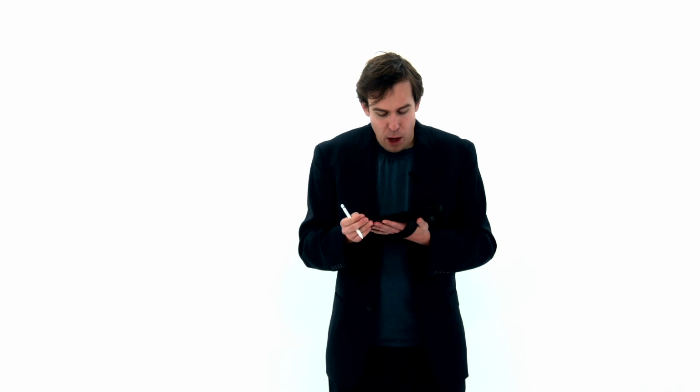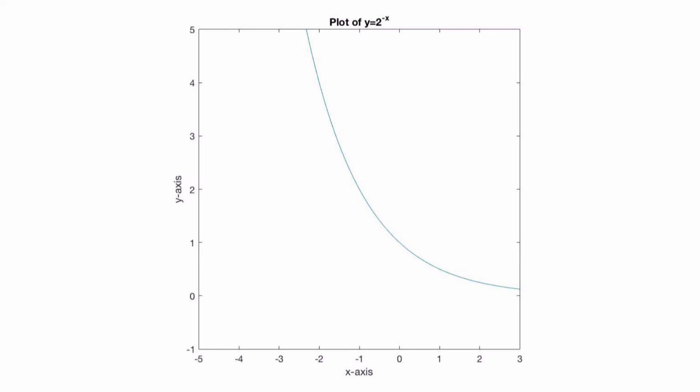So let's look at a different model. This is the model for exponential decay. So the only thing I've changed here is the minus sign in the exponent. And now, instead of having growth, I have rapid decay to 0. So notice that instead of getting bigger, I'm getting very, very close to 0.